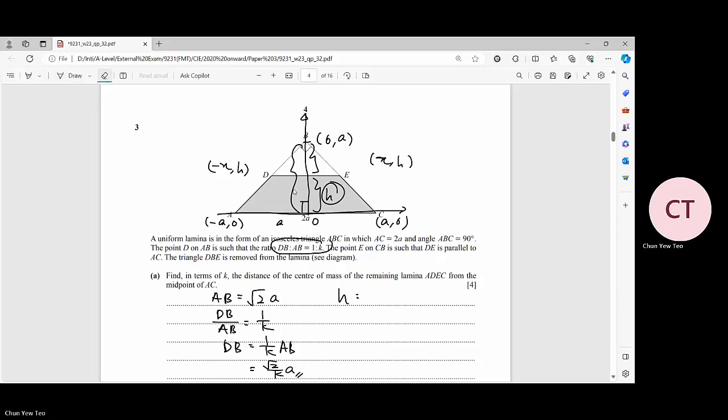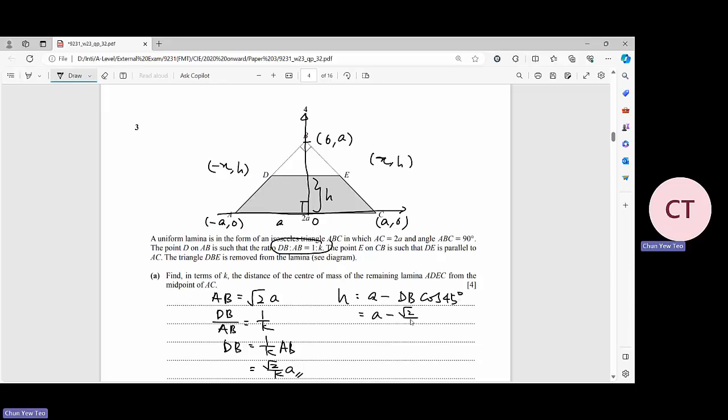Now the problem is, what is this height? So we need to find this height. Let me erase away. Maybe we can straight away go for h. h is actually A minus DB cos 45 degrees.